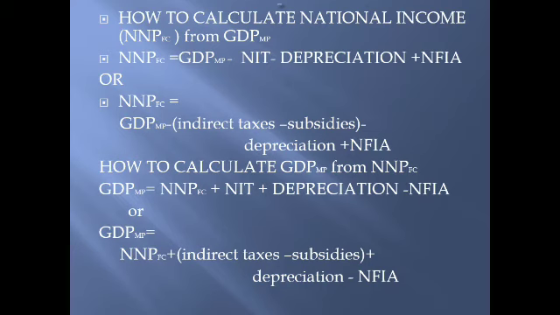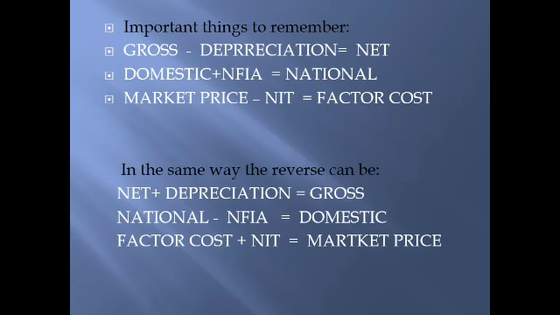When you are adding NIT to factor cost, that will become market price. When you are adding depreciation to net, that is becoming gross. When you are subtracting net factor income from abroad from the national, that will become domestic. So in this way we calculate GDPMP from national income.